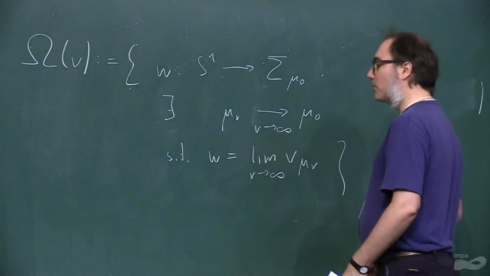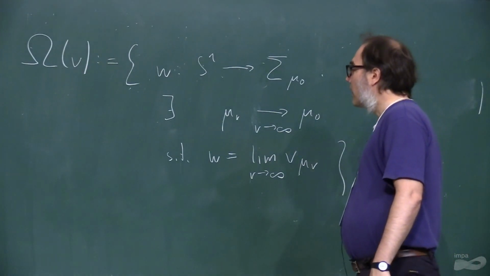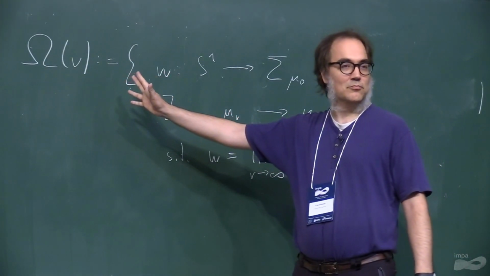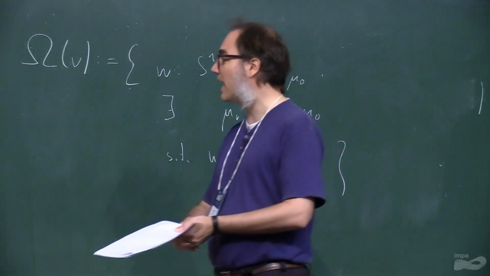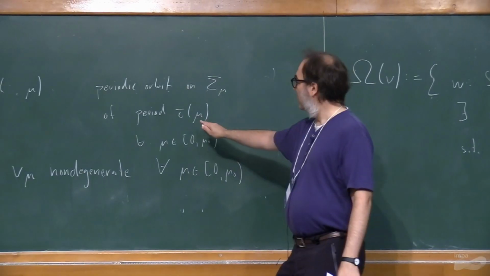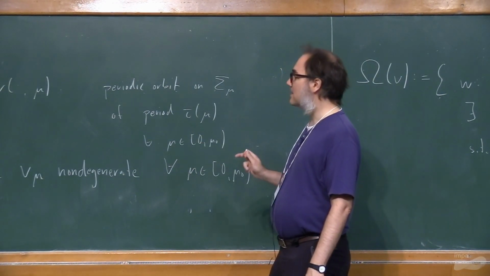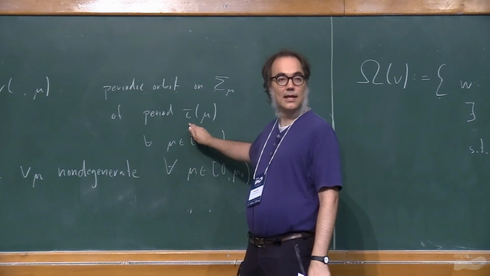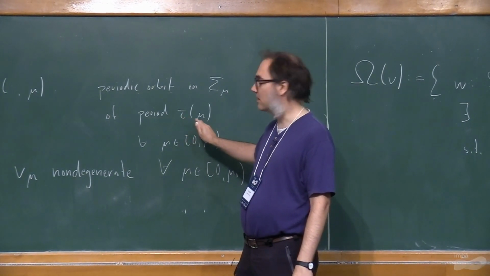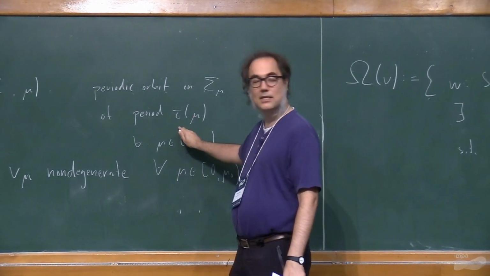And now, a priori, this could be empty. What could happen here is that the period explodes. But this is precisely where the contact structure helps us. The contact structure prevents this period from exploding.